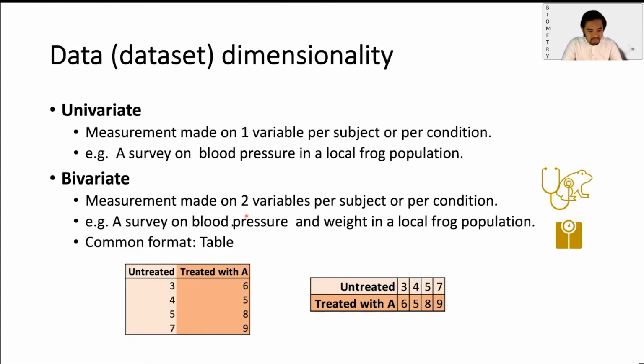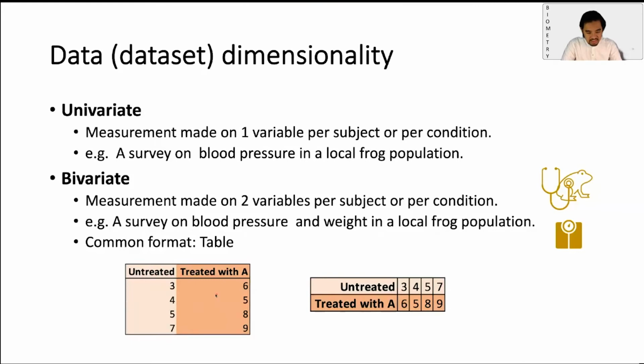In these particular cases, we have the untreated and the treated. This is the same example I took from the previous lectures on the power calculation. Remember we have several replicates, replicate 1, replicate 2, replicate 3, and then we measure, for example, the morphology.